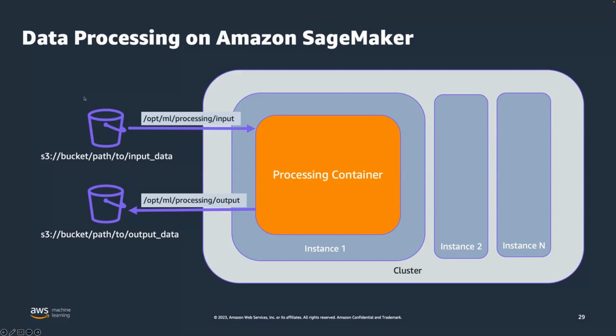The input data for processing is mapped directly into a particular path in your processing container. And the output bucket is also mapped to a path inside your processing container so that your container can then ingest data, process those data, and produce the output automatically to be used as you see fit.